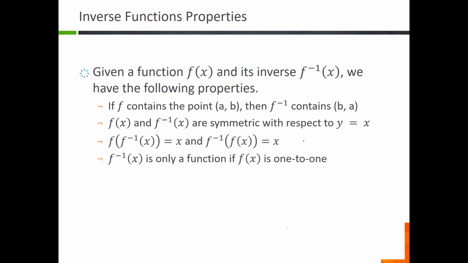All right, and then the last thing here is that the inverse is only a function if the original function is 1-to-1. So let's think about that idea a little bit. We know what it means for something to be a function.